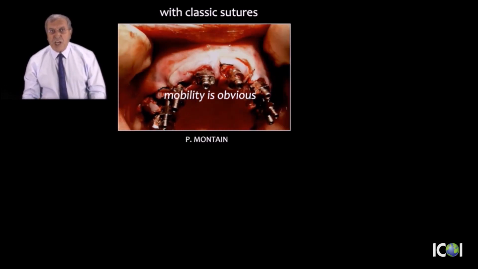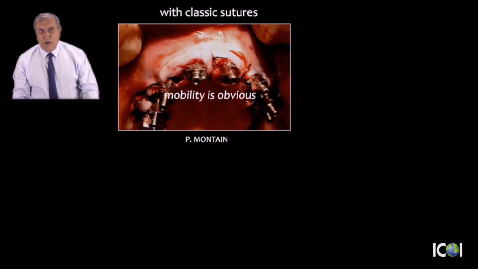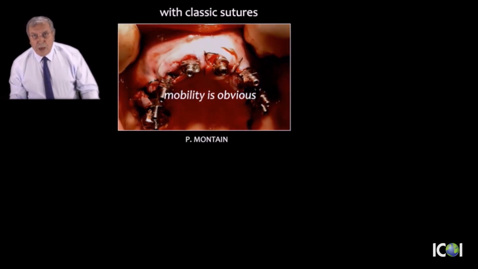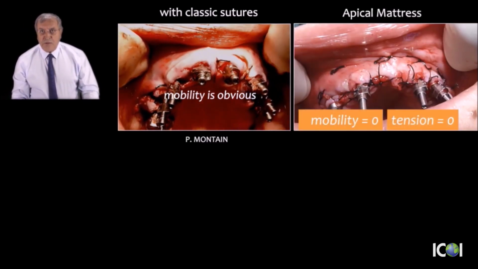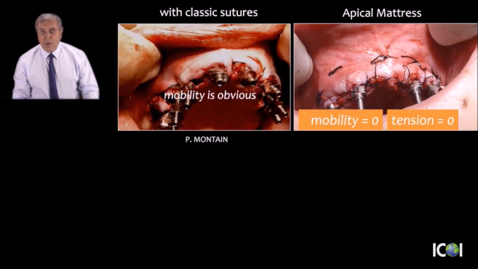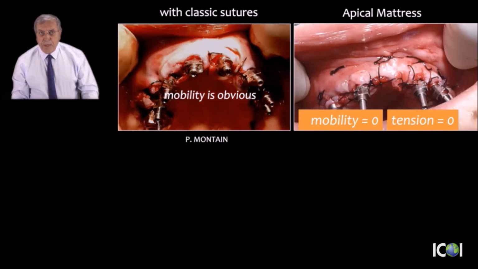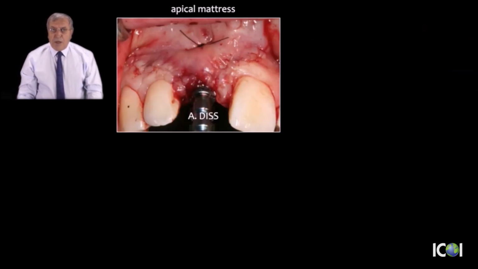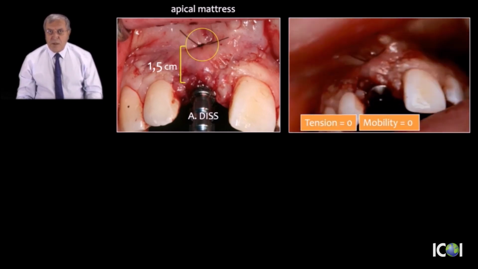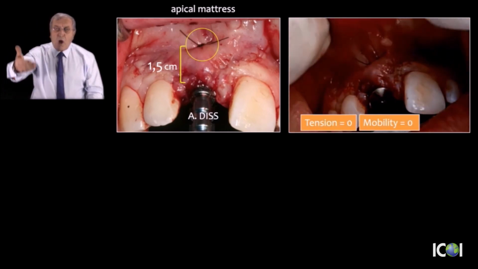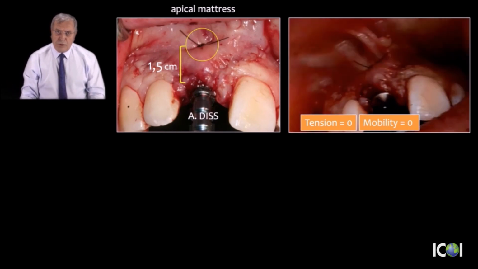But if we change this suture to an apical mattress, we will see that we stop the mobility and we stop the tension in the buccal flap. The apical mattress will give you full stability, and then the tension is moved above the suture.